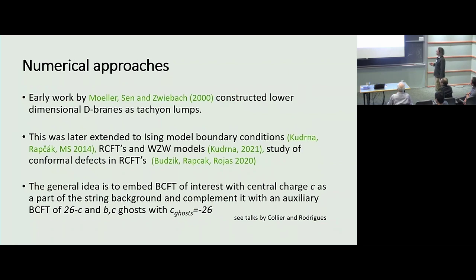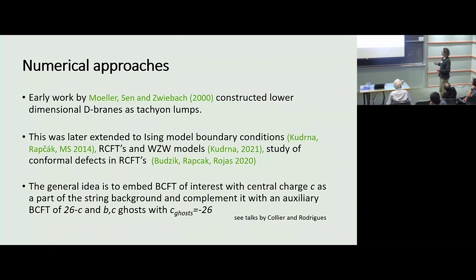Later we generalized this, or adopted this philosophy, to study something new. So we tested it in the context of the simplest rational CFT, which is the Ising model, and we are actually able to get the three boundary conditions that are possible in the Ising model.